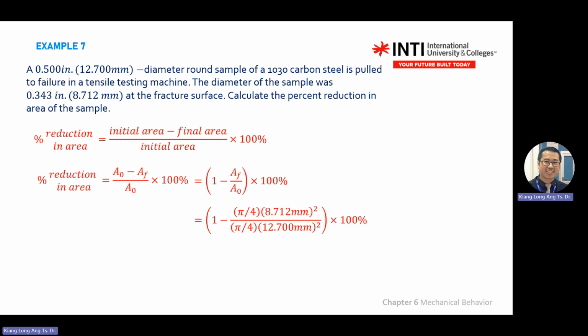In our class, I accept it if you flip it to final minus initial. What's important is that you compare to the original, because this is just to calculate the differences. Okay, you can put modulus in the percentage of reduction in area, you can. Okay, you'll get 53% for this question.